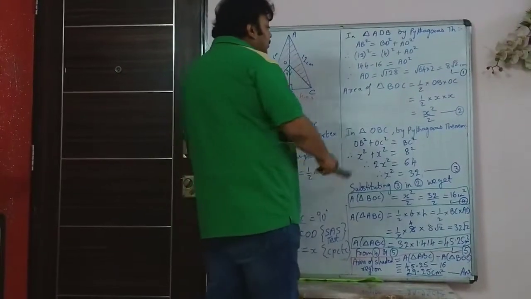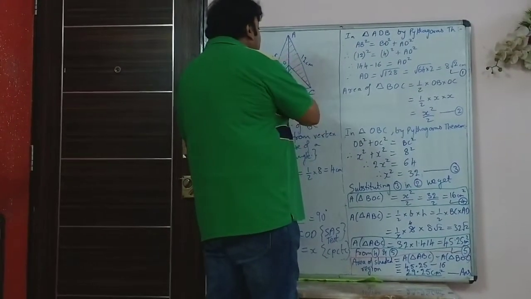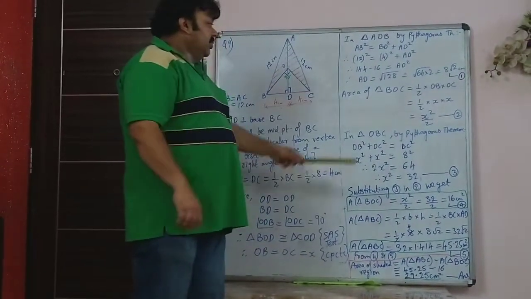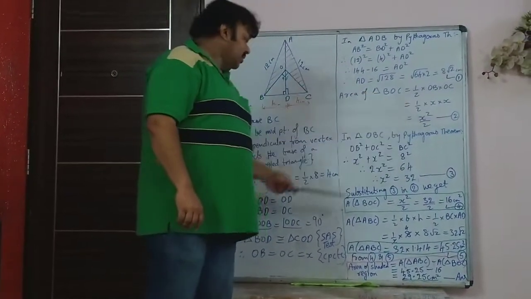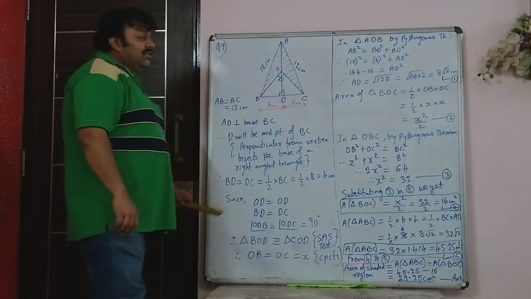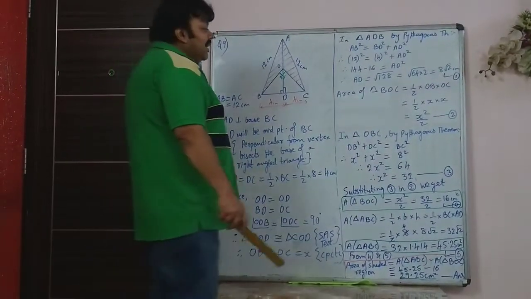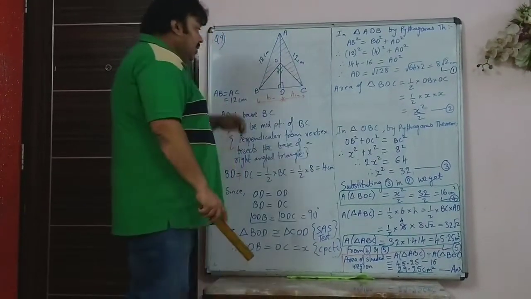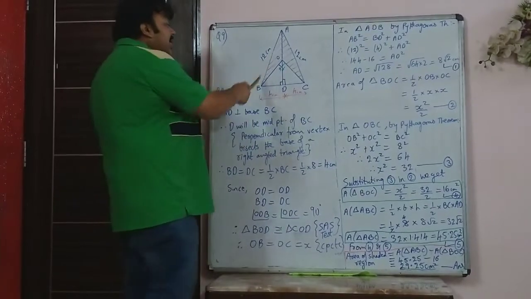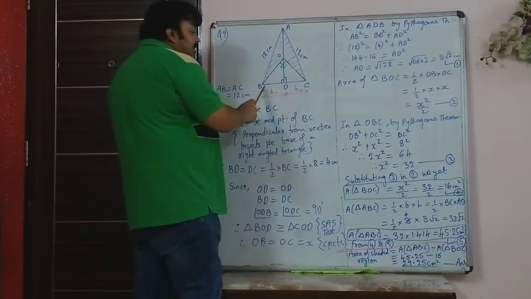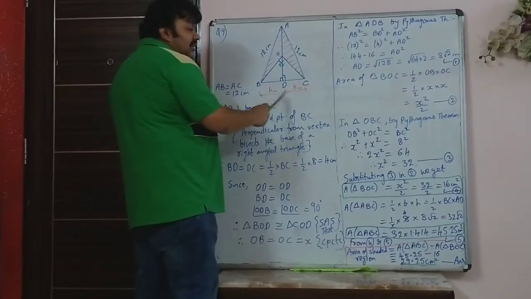So now you have area of triangle BOC, half OB into OC. So half into X, because you just proved OB is equal to OC is equal to X by CPCTC. So area of this small triangle is X squared upon 2. So now in this triangle, we know the hypotenuse, the side opposite to the 90 degree angle, is BC, that is 8.